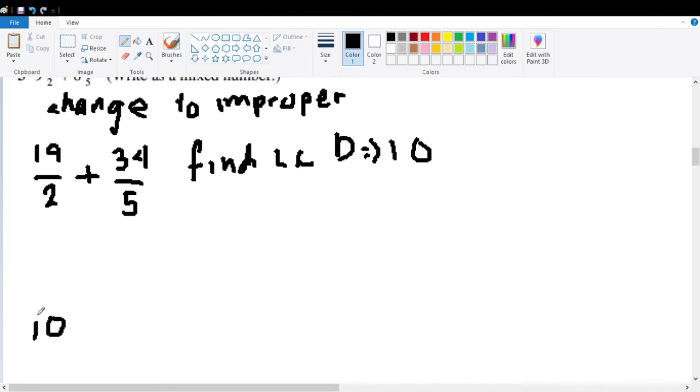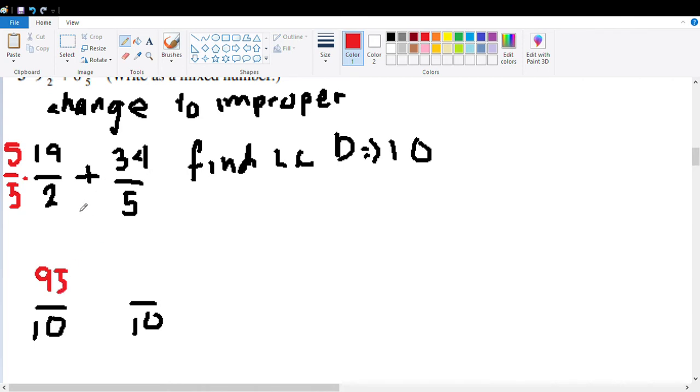So this 2 becomes 10 and 5 becomes 10. What number do we multiply 2 by to change it to 10? We multiply 2 by 5. And since we're multiplying the denominator by 5, we should also multiply the numerator by 5. And what is 19 times 5? It's going to give you 95.